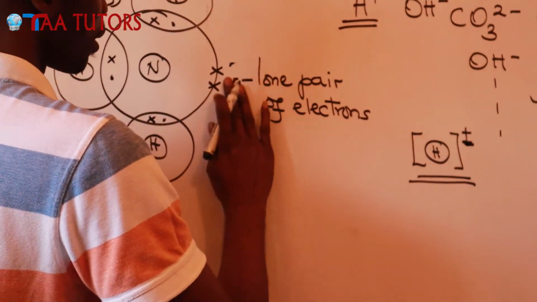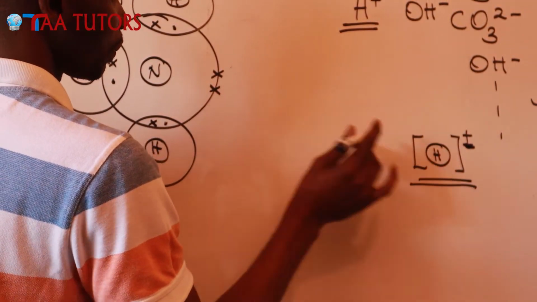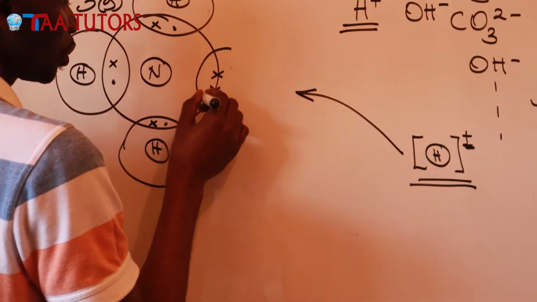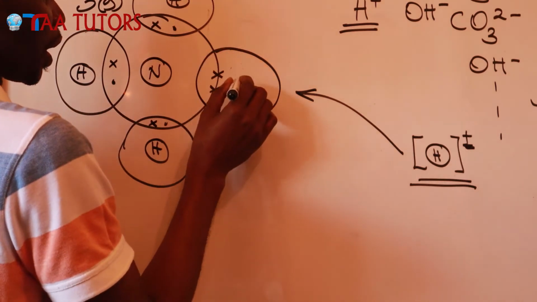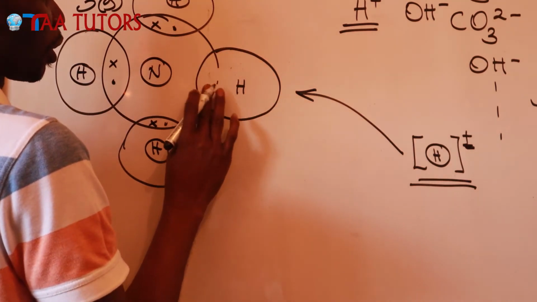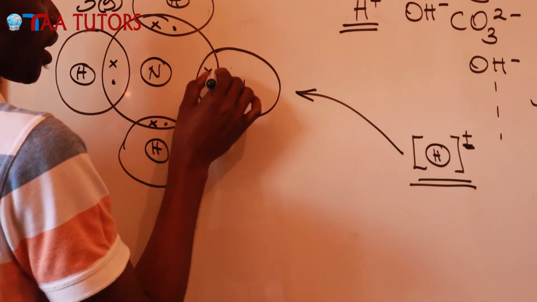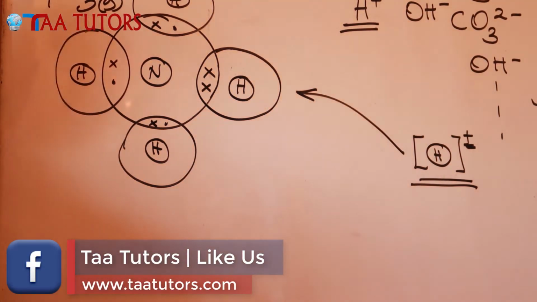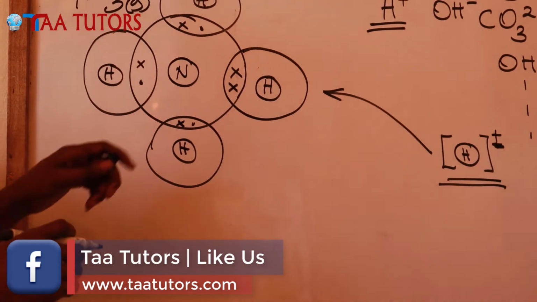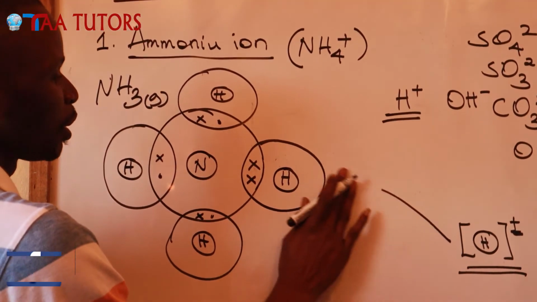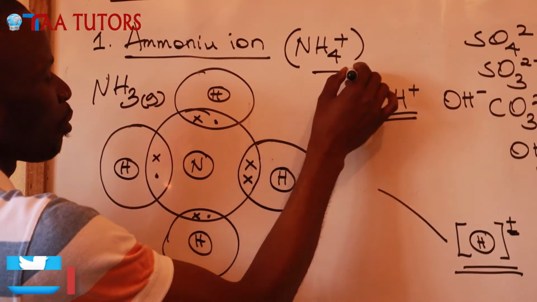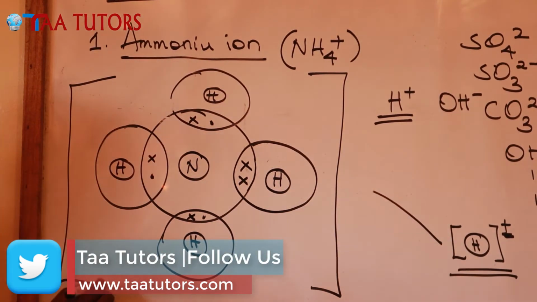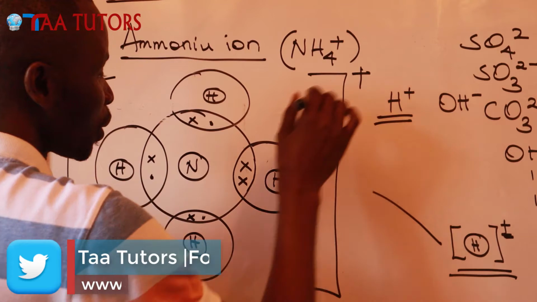So when this ion comes to join here, it will share the electrons that came from nitrogen only. It is coming with nothing. Once it comes like that and shares these electrons, then because it was charged, the whole molecule becomes charged. So we have something this way, and it came with a positive 1 charge.